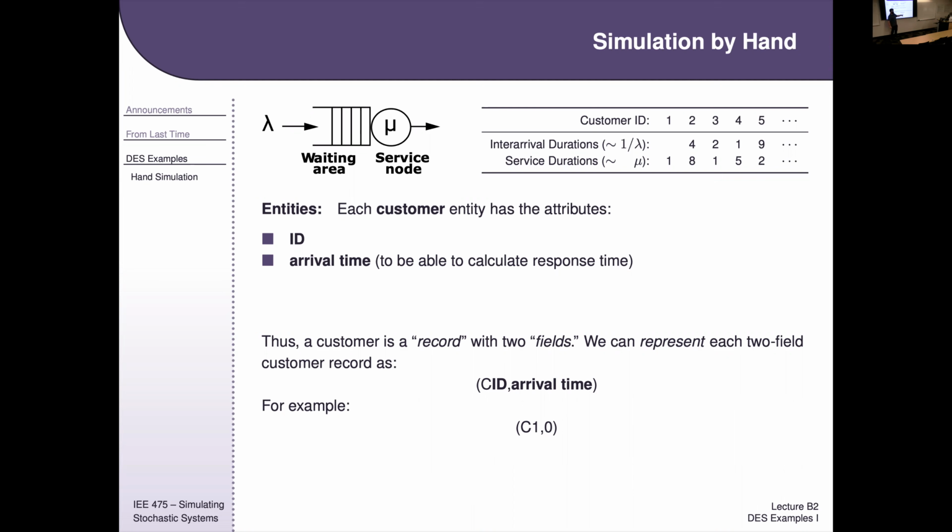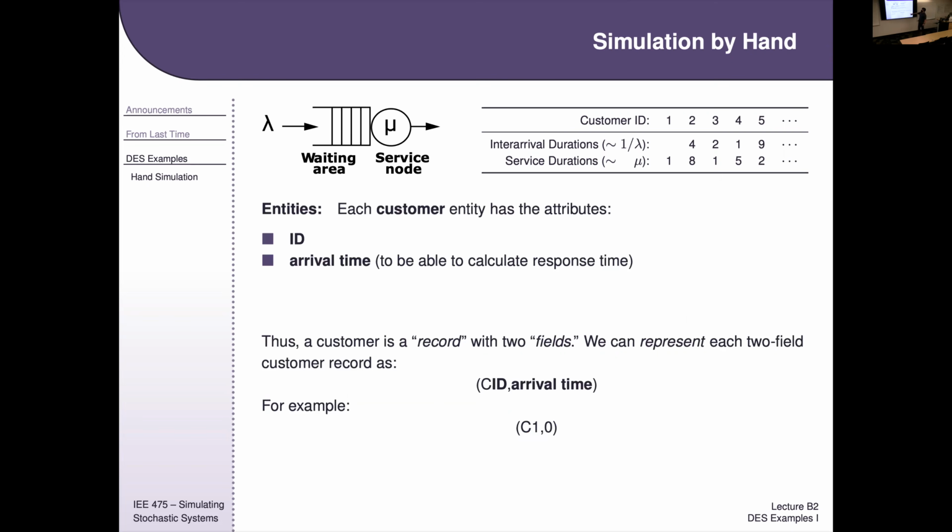So customer 1 arrives at time 0. So that's the reason why we have this 0 there. So this C just indicates that it's a customer type, and that 1 is just an arbitrary identifier, increased for every customer, and the 0 is the arrival time. Customer 1 always arrives at time 0.